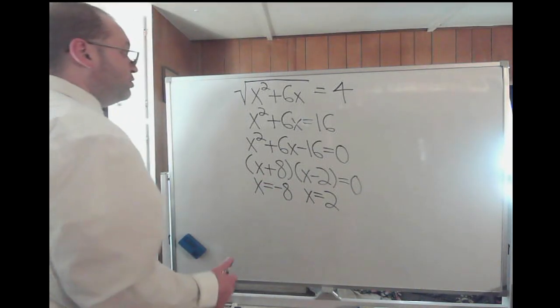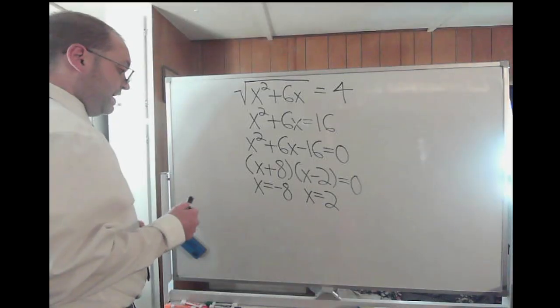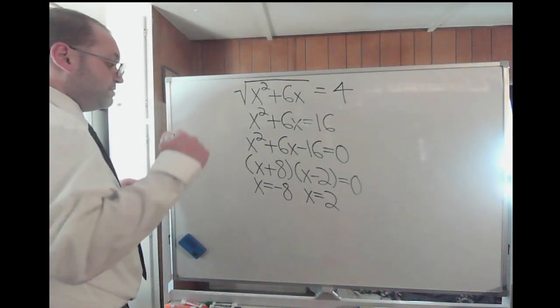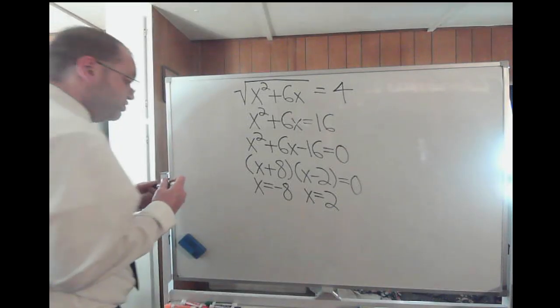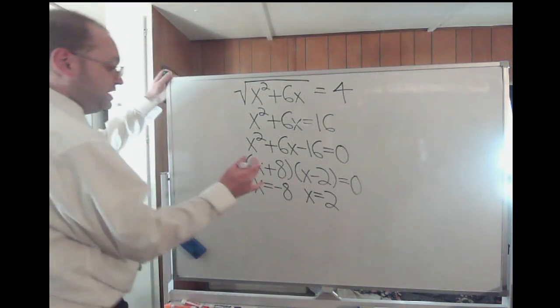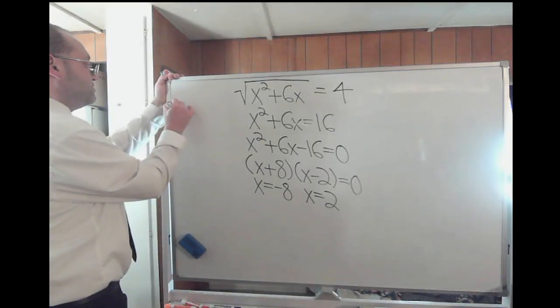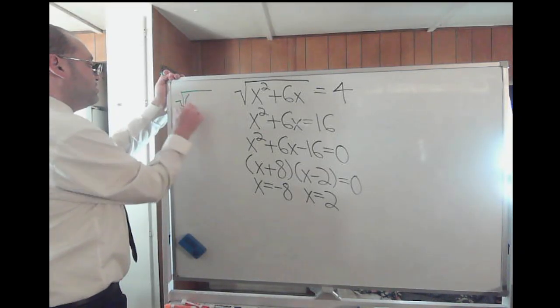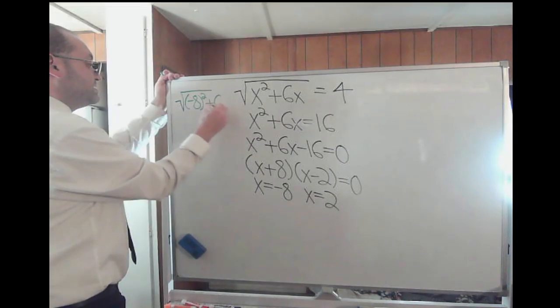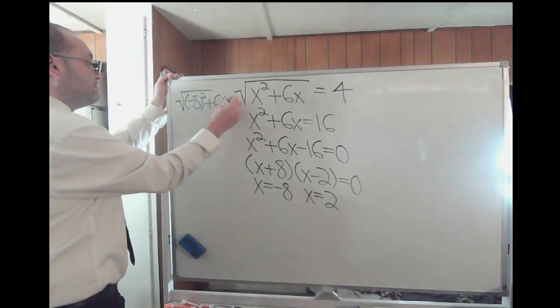Okay, so let's go ahead here. Let's put negative 8 into the equation. So I'll take the square root of negative 8 squared plus 6 times negative 8.